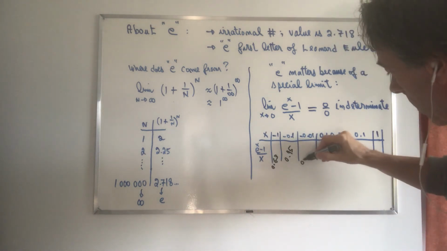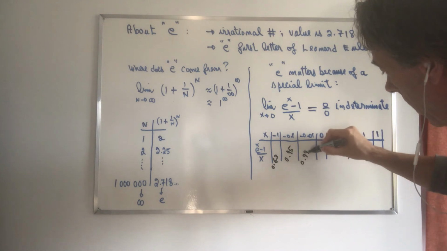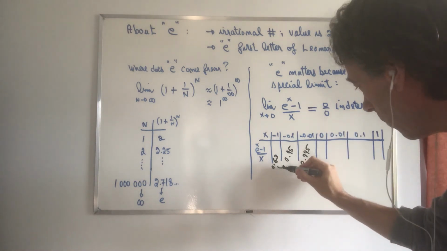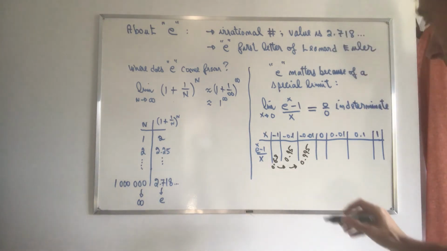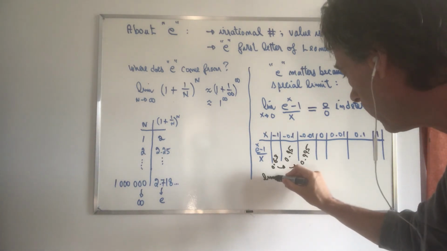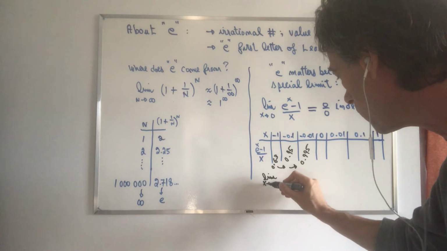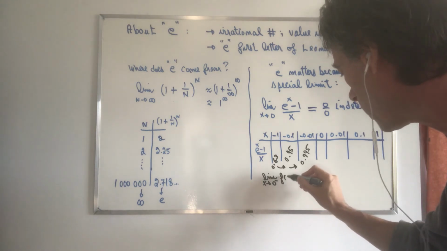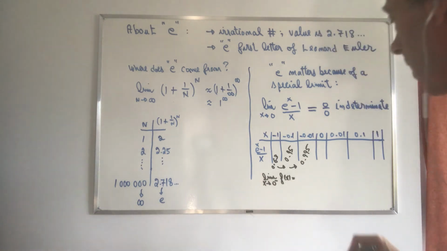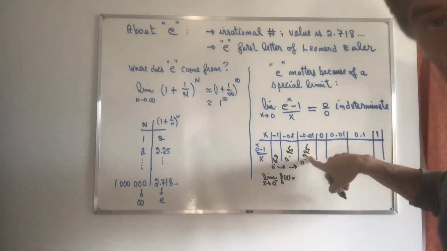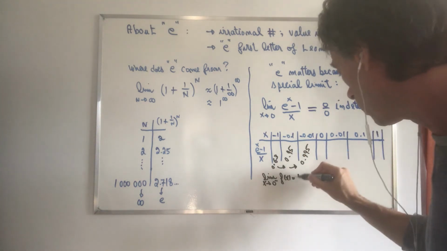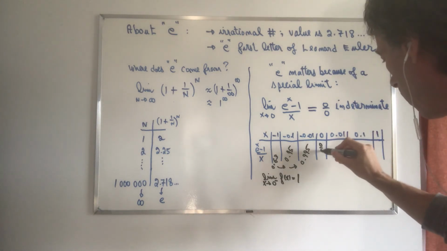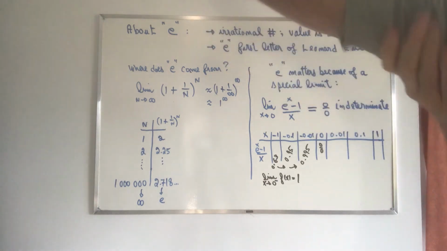And this one is 0.995. So you can look at the progression here and most likely conclude that the limit as x approaches 0 from the left of this function, I'm going to put f of x for short, is getting close to 1. So here at 0, I get 0 over 0.